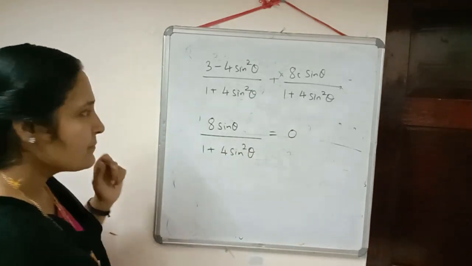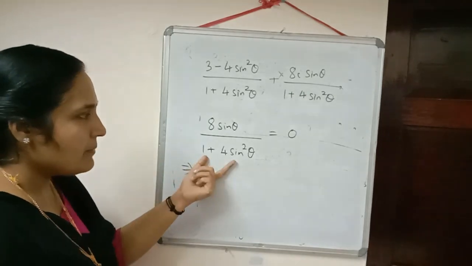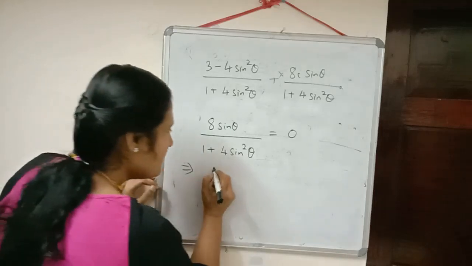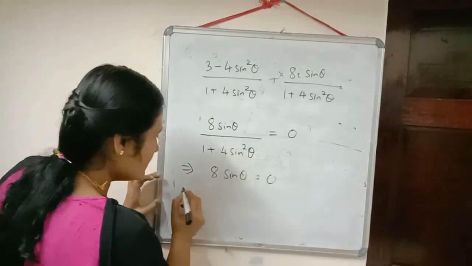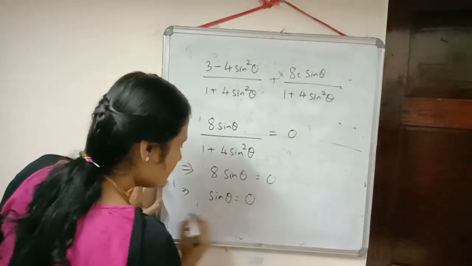So equate to 0. To find the value of theta, 1 plus 4 sin square theta will go to the right-hand side and multiply by 0. So we are getting 8 sin theta is equal to 0, or sin theta is equal to 0 by 8, that is 0.